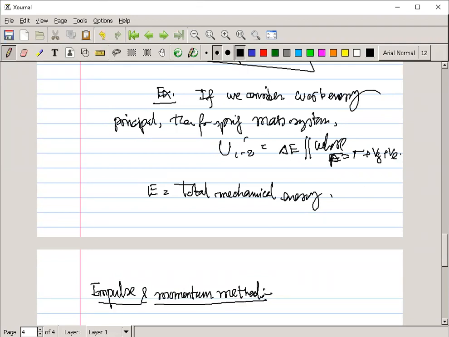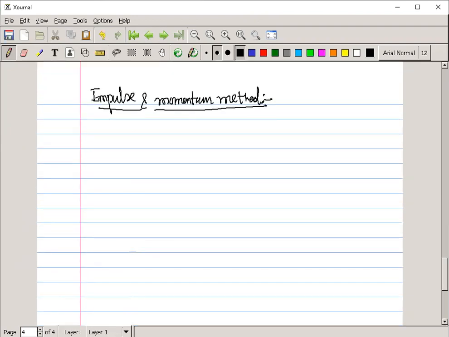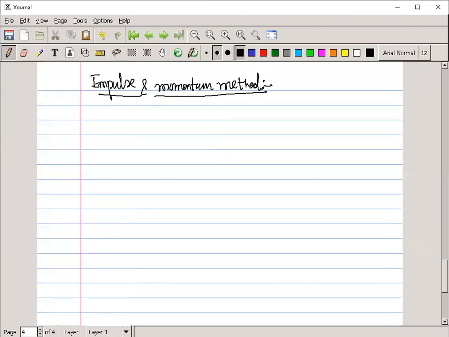Similar to the previous one, here also we have two techniques: one is angular, one is linear, when it is along a straight line, or when it is along any curve.